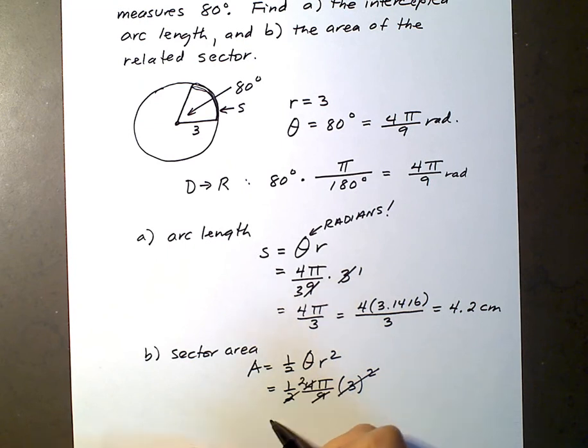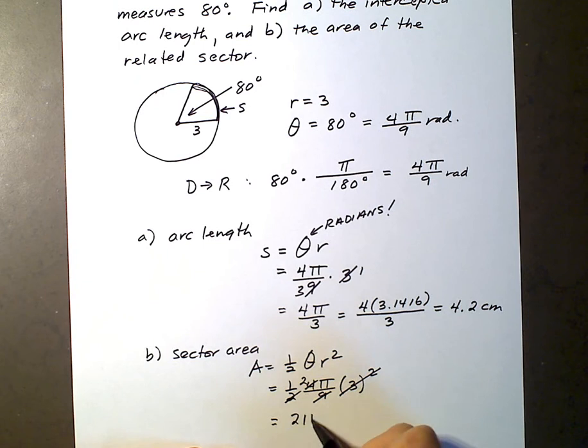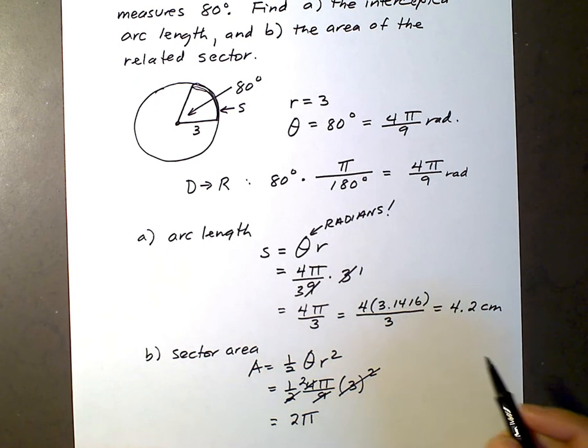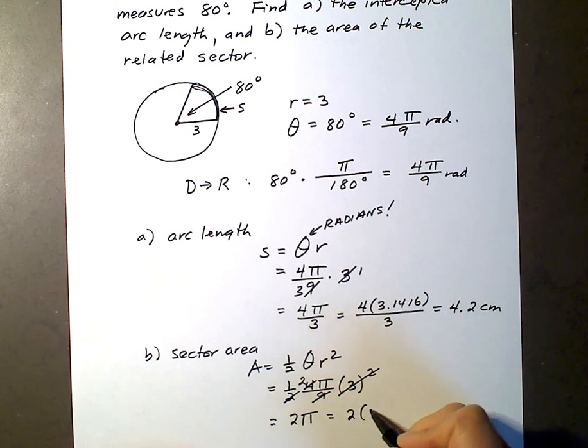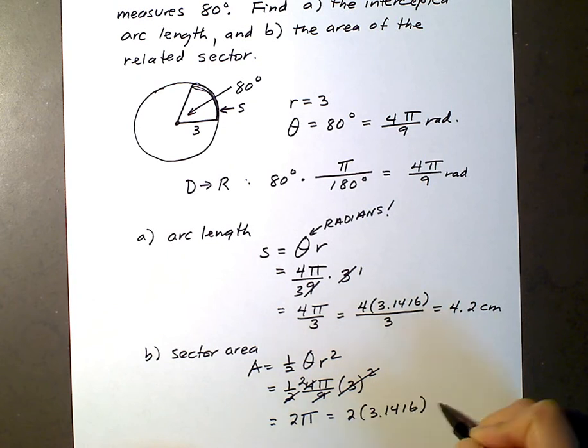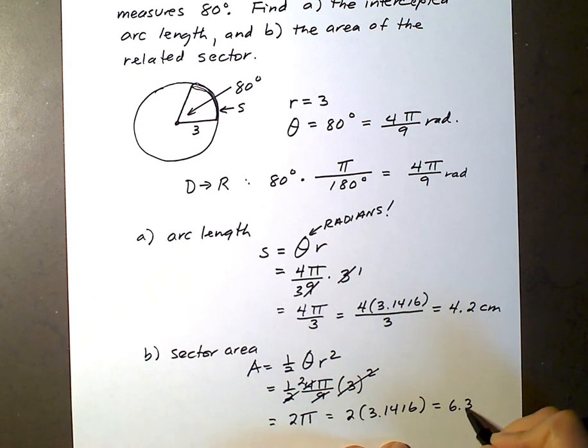So I'm going to get 2 pi square units of centimeters here. To put in a value for pi and round to the nearest tenth, this is going to be 6.28, so 6.3 square centimeters.